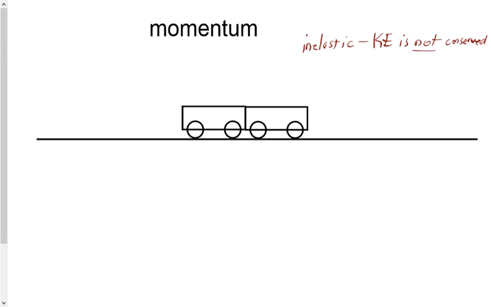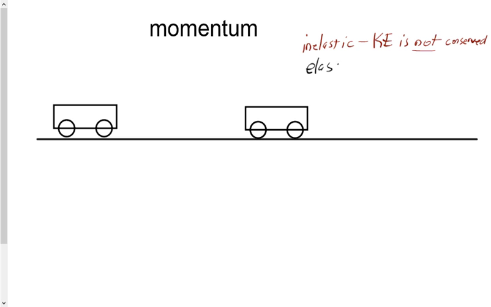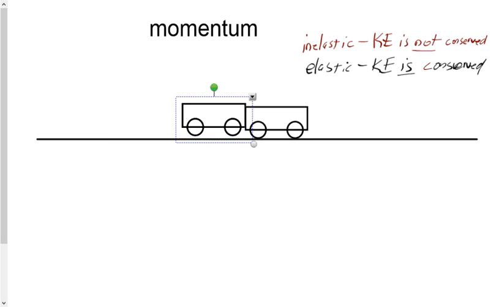All right. Now if we look at elastic collisions, as you can imagine, elastic collisions are ones in which kinetic energy is conserved. Here we've got this object.